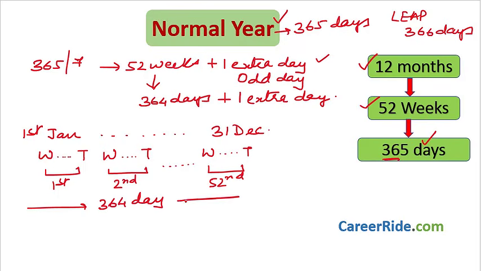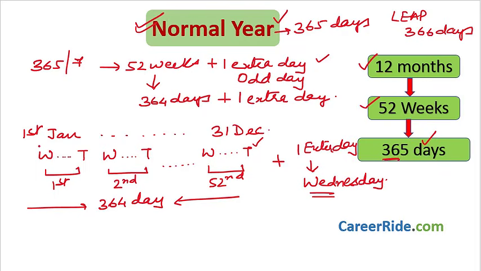But I'm still left with one extra day, which I also called an odd day for the purpose of this chapter. Okay. So now what will be this day? The week has gotten over. The 52nd week has gotten over on Tuesday. So this extra day will be Wednesday, right?